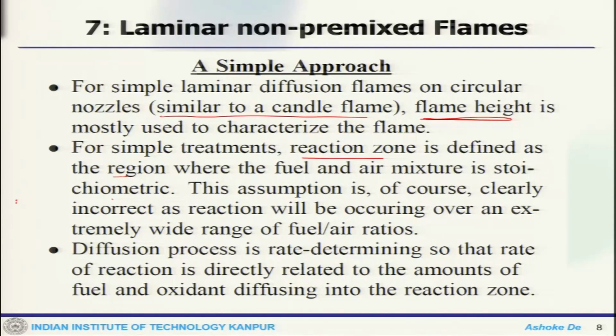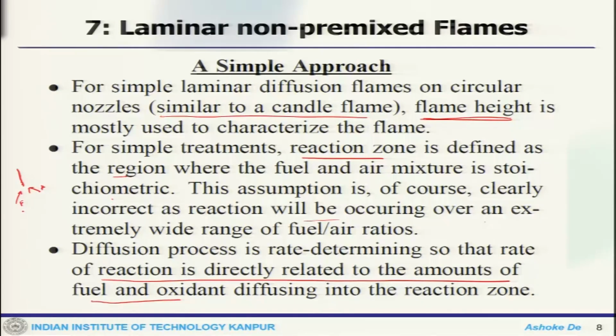That means this is your fuel coming in, this is your air coming in, and when the reaction takes place, that is the zone of stoichiometry. Obviously, the assumption is that this will be occurring over an extremely wide range of fuel and air ratios. Now, the diffusion process is also rate determining, so the rate of reaction is directly related to the amount of fuel and oxidant diffusing into the reaction zone.